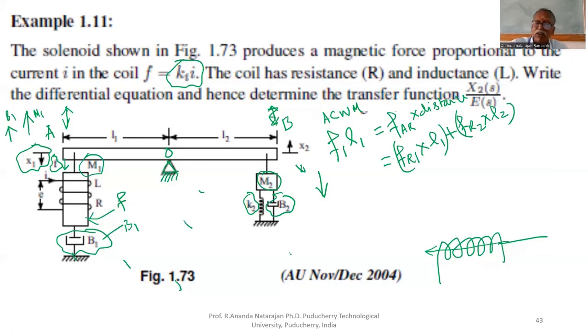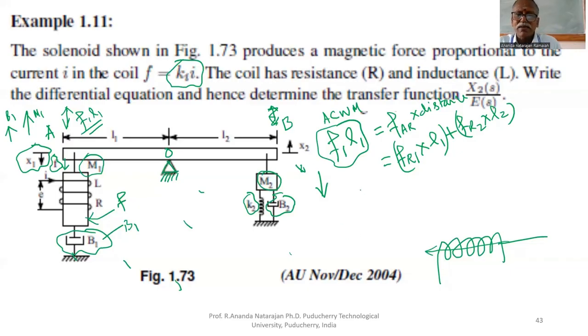The anti-clockwise moment is F1 L1, since the force is at this end at a distance of L1. The moment is equal to F1 L1, anti-clockwise. The clockwise moment is developed at this end as well as that end. This end, because of M1 and B1, should be multiplied by L1. This end, M2, B2, K2, should be multiplied by L2. That's all about the mathematical model.